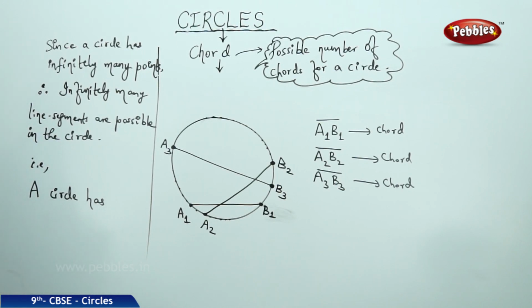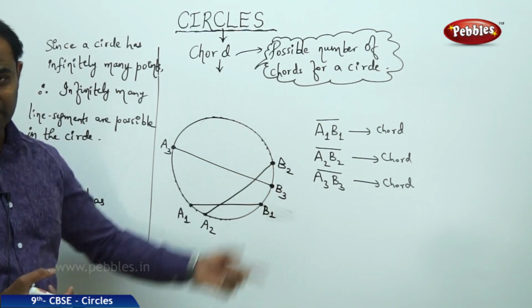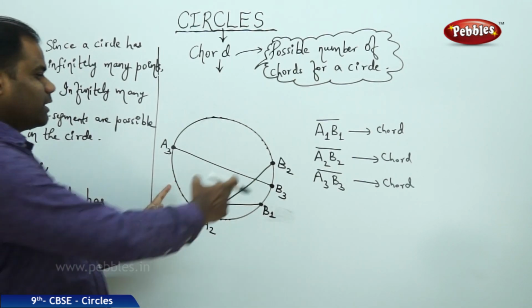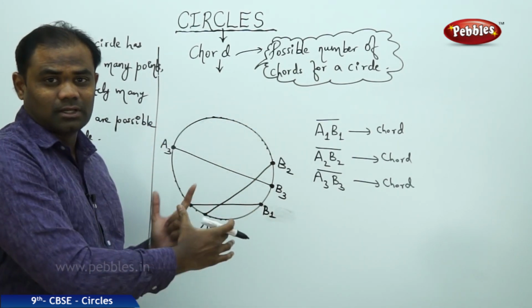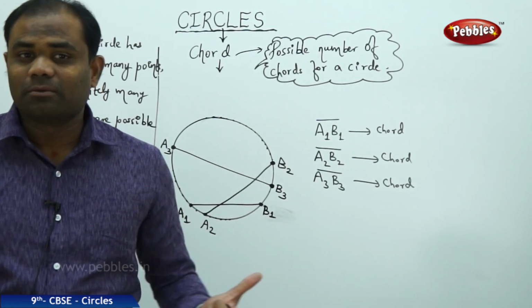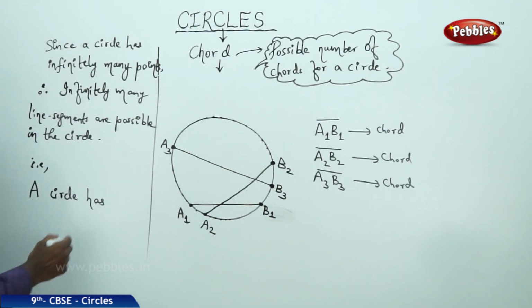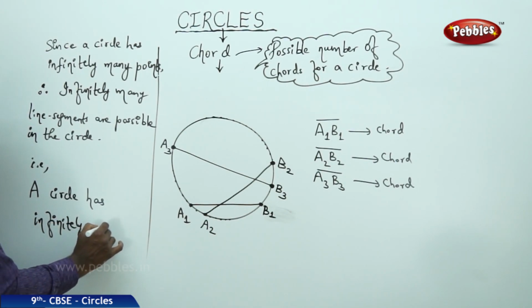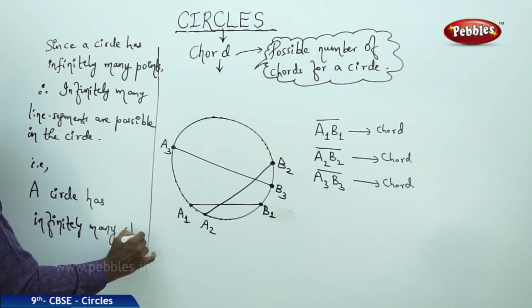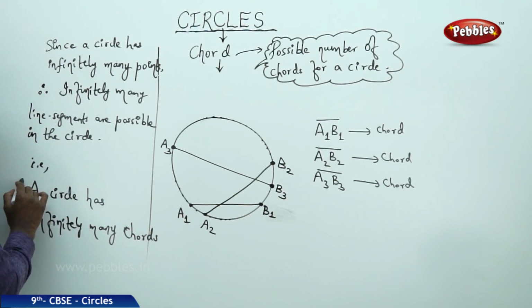has infinitely many chords. So we conclude that since infinitely many line segments are possible through infinitely many pairs of points on the circle, all those lines, by the definition of a chord, form the chords of the circle. Therefore, a circle has infinitely many chords.